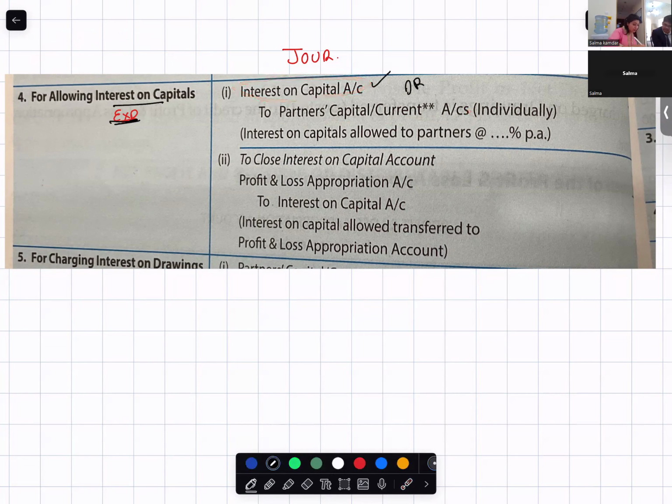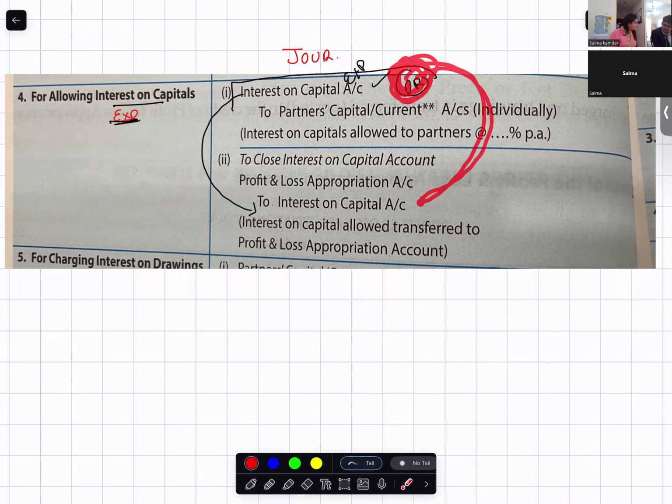Then I have to close this expense account. To close the debit, I have to transfer it to the credit.